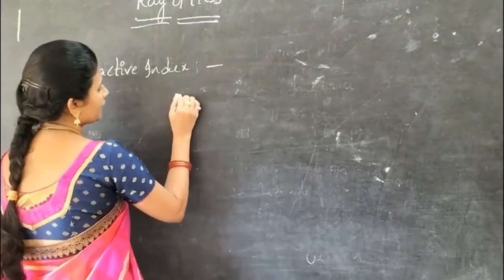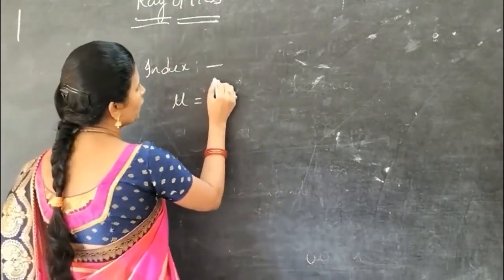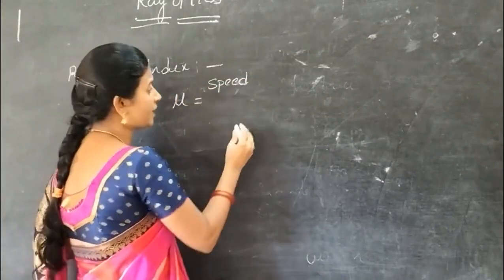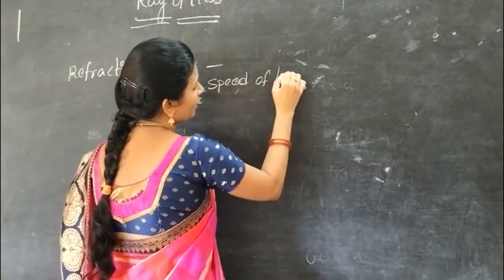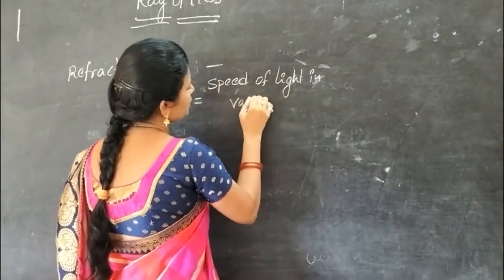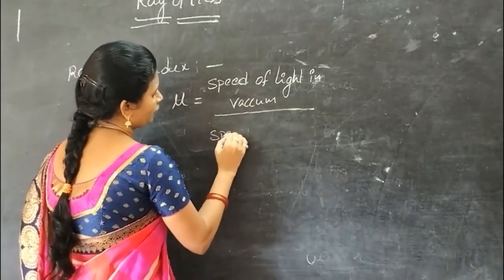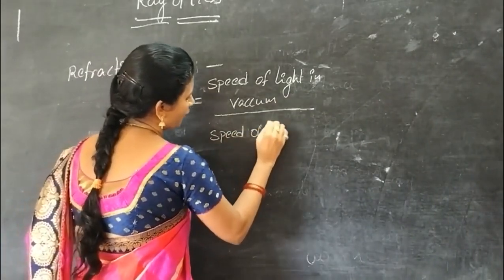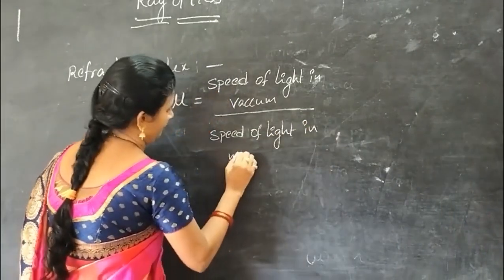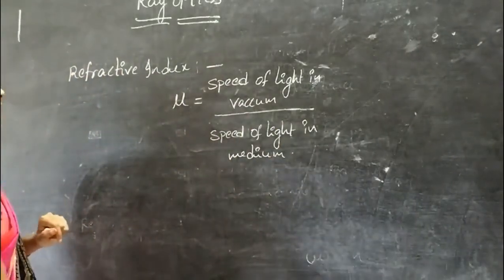Here refractive index is represented by the letter mu. So mu is the ratio of the speed of light in vacuum to the speed of light in the medium.